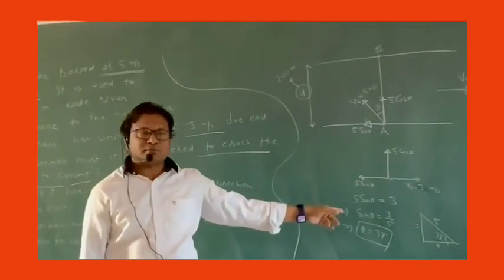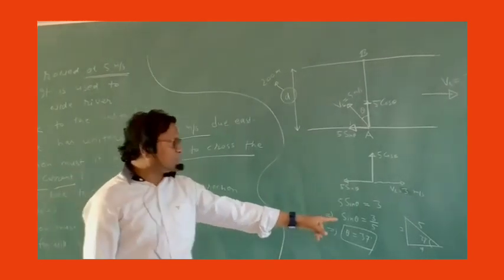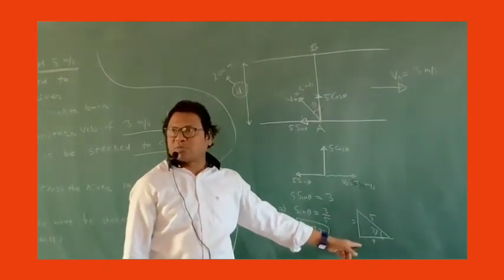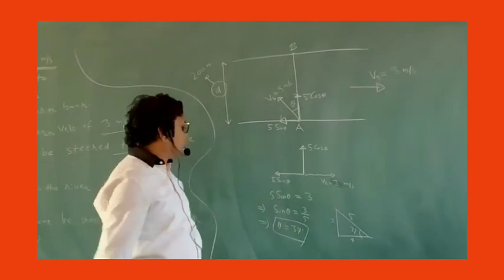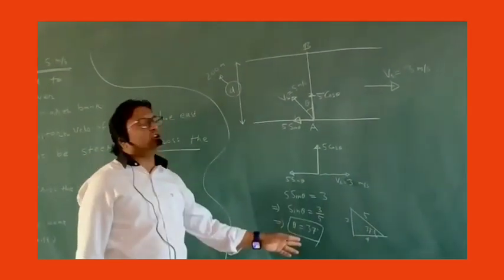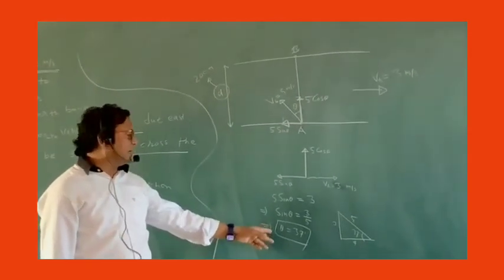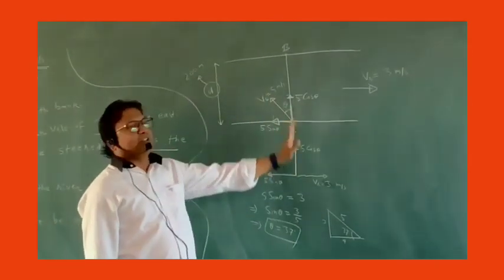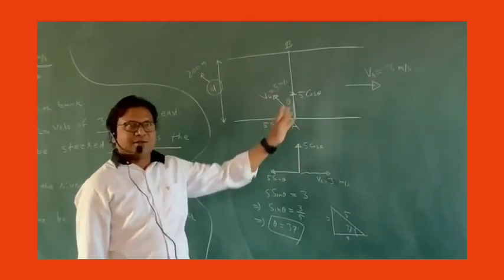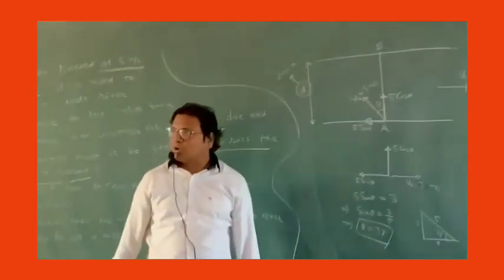Is it okay to all? I have explained this one now in your batch. So according to this condition, the direction of boat will make an angle of 37 degrees with the line AB. So this is the answer for the first part. Is it clear to all?